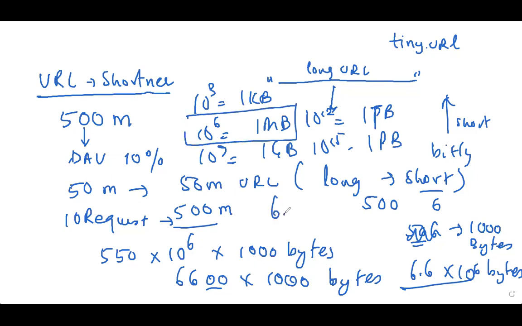So it's 6.6 megabytes per second, bytes, not bits. Multiply by 8, and it will be around 50 megabits per second. So your network speed has to be about 50 megabits per second. That's the data which will be flowing in your system.